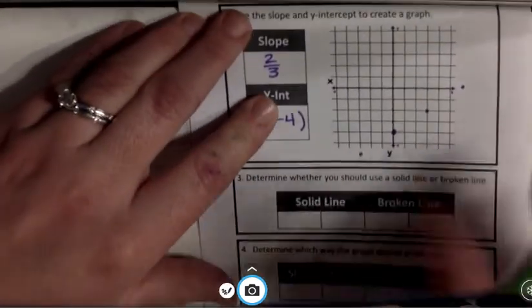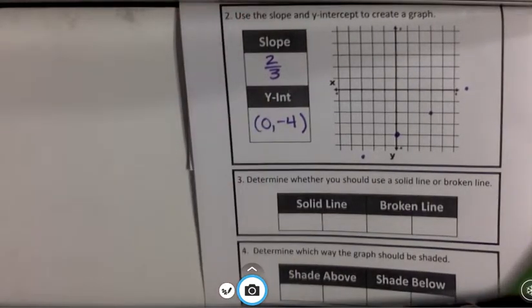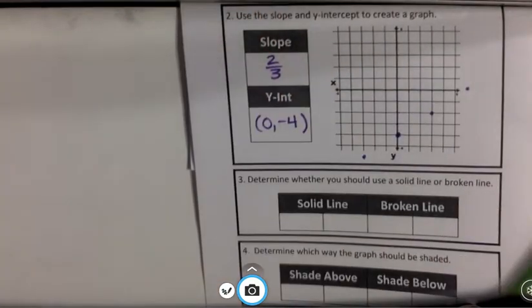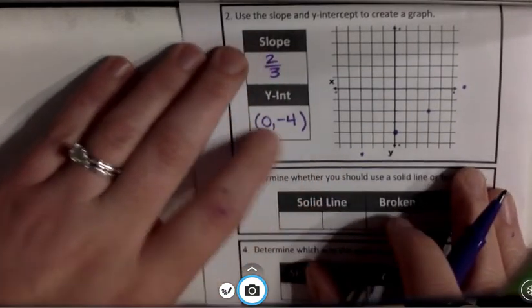The way I deal with that is by determining if I'm going to have a solid line or a broken line and what direction I'm going to end up shading. When we deal with inequalities, we are paying attention to a huge range of coordinates that could be solutions. It's not just one solution or a line, but a huge, vast region of solutions.